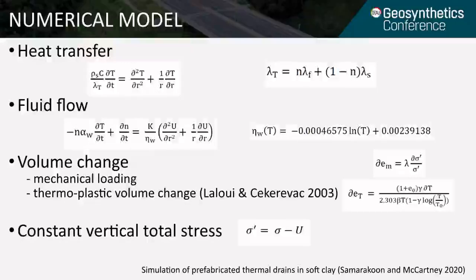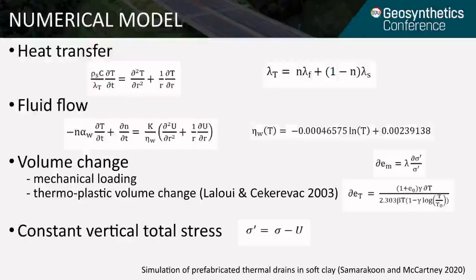Volume change in this case will consist of two parts. Volume change from mechanical loading due to the surcharge can be obtained using the compressibility relationships, where E is the void ratio, sigma prime the effective stress, and lambda the slope of the VCL. In addition, thermoplastic volumetric changes will be generated as a result of the elevated temperature.